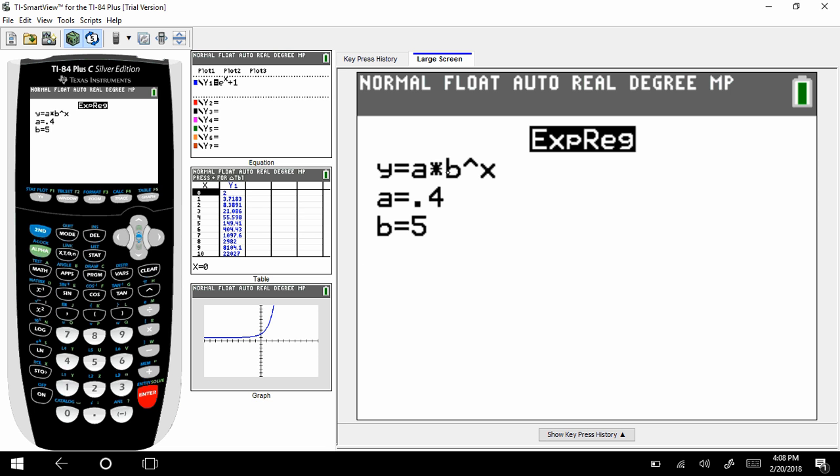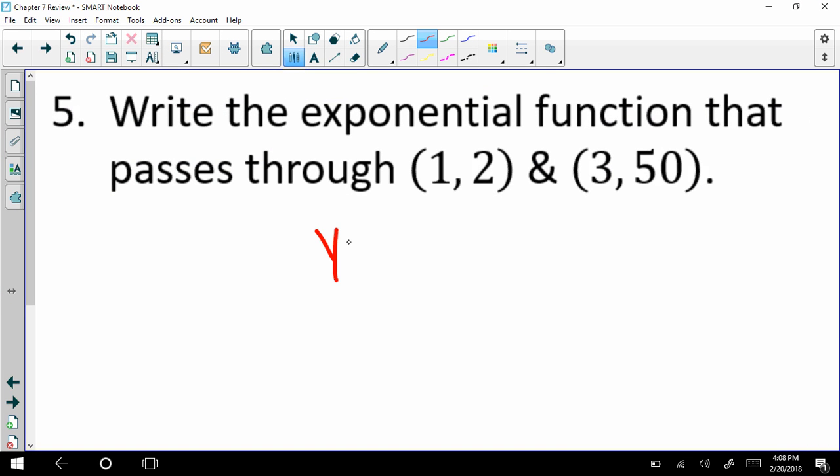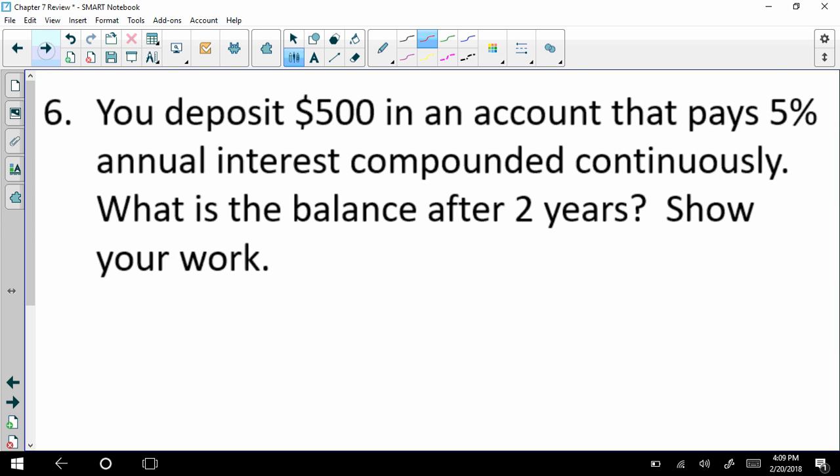So 0.4 times b, which is 5, raised to the x power. Or if you wanted to write it this way, y equals 0.4 times 5 to the x, that also works. Either one works. Okay, good.